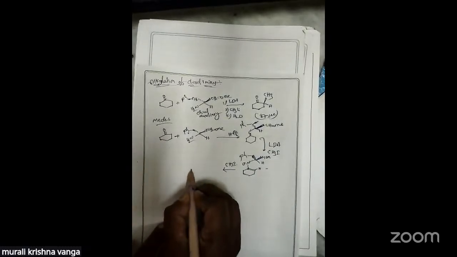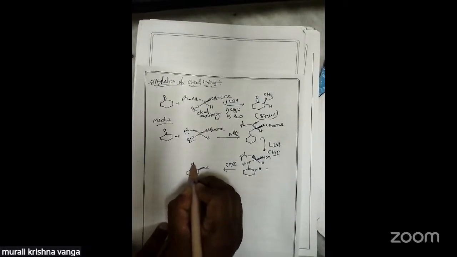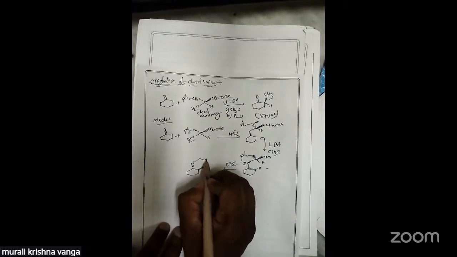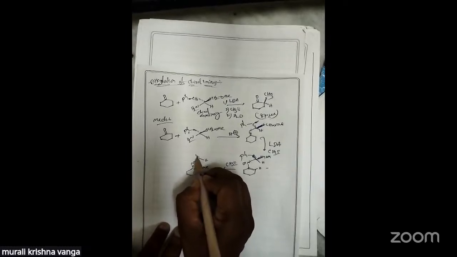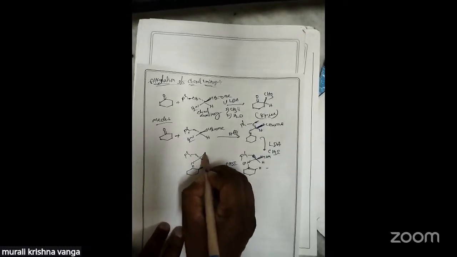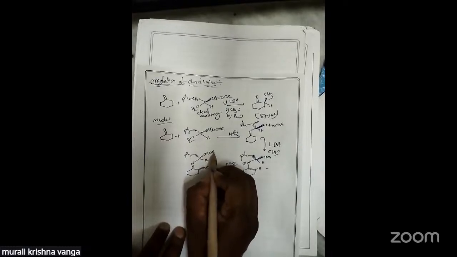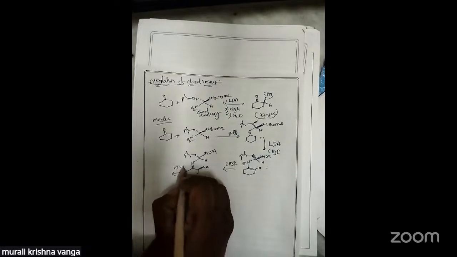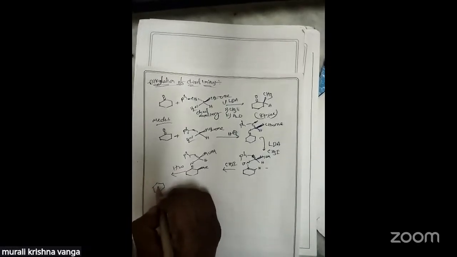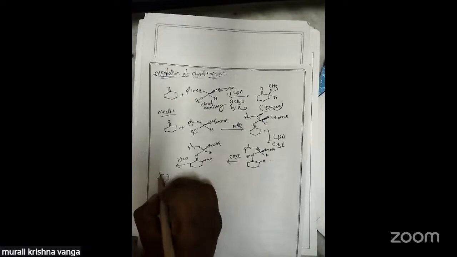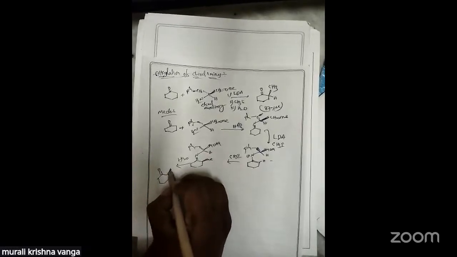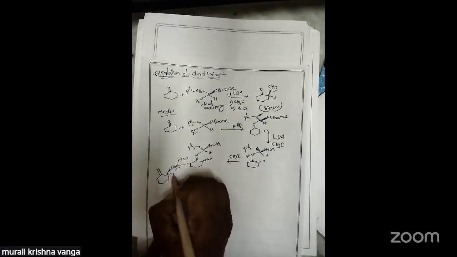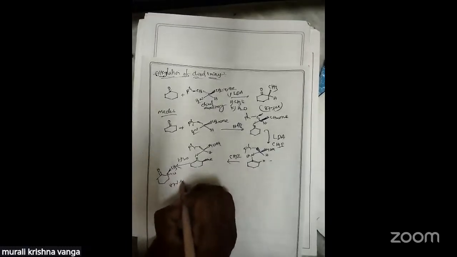Then hydrolysis gives our product with 87% enantiomeric excess.